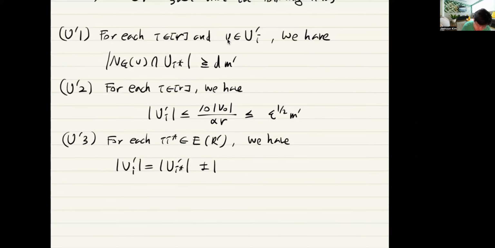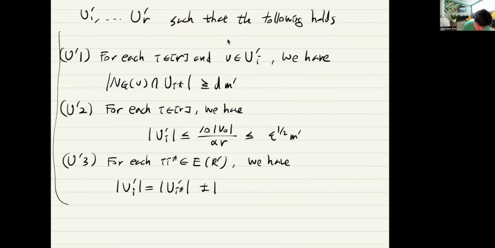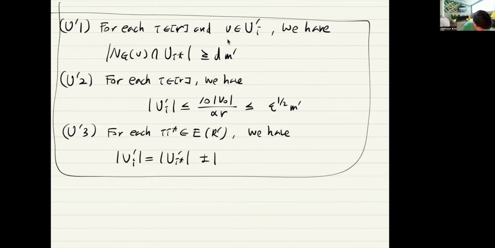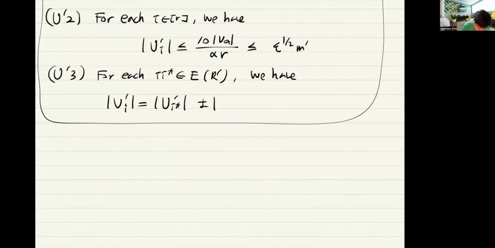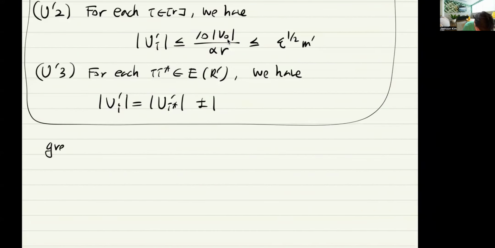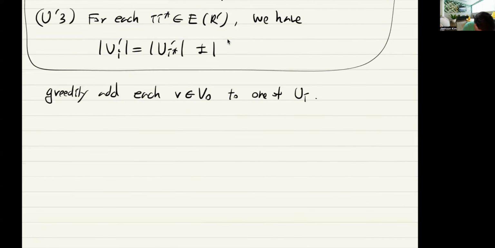Okay, we claim that such a distribution is possible. Why? You can greedily add each B in B0 to one of the U'_i. And how do you do it?